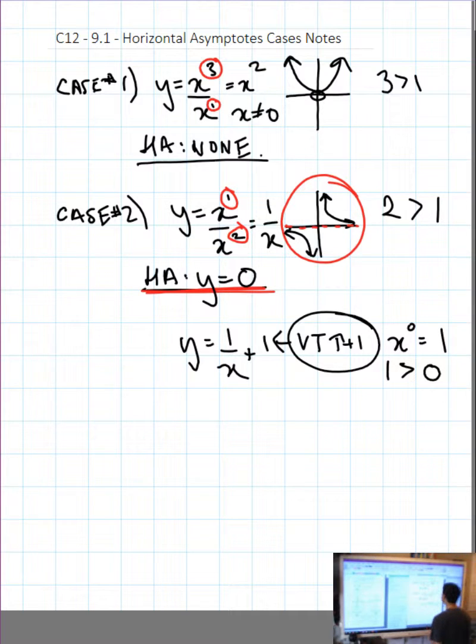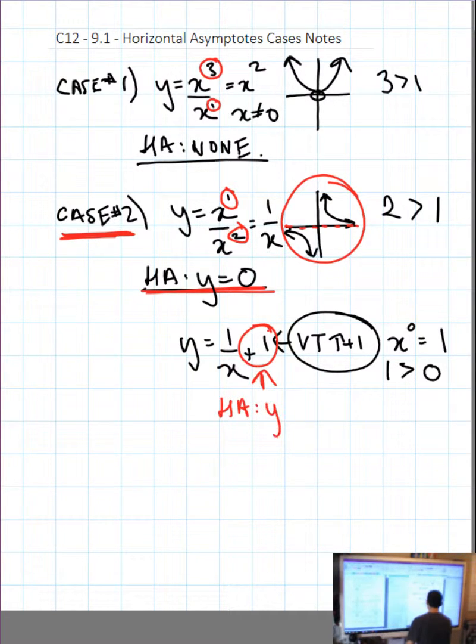So if case 2 has a transformation, the horizontal asymptote is y equals that number.